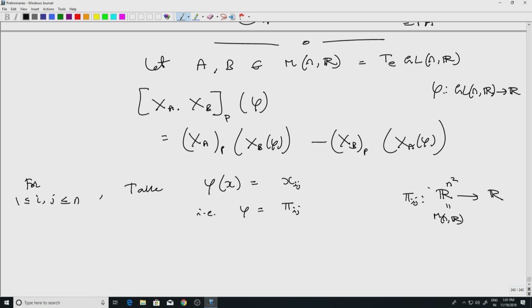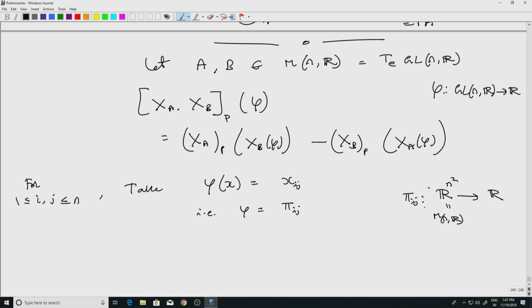So it will project to the ijth coordinate. I mean, well, with the appropriate numbering. Right. So it's enough to take. So let's see what happens with the action of XA, XB on these functions x_ij.